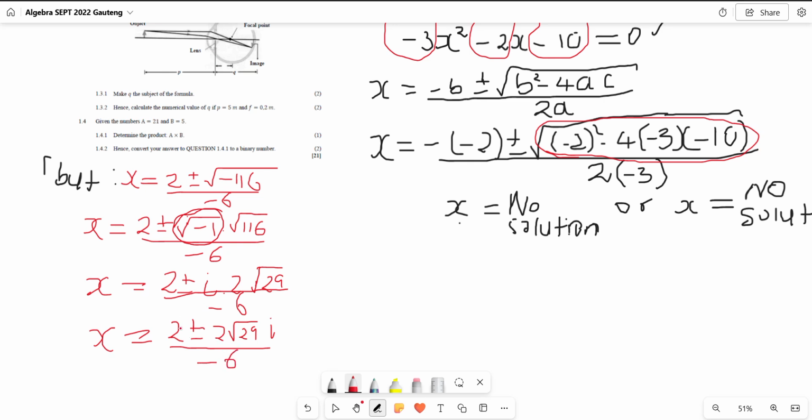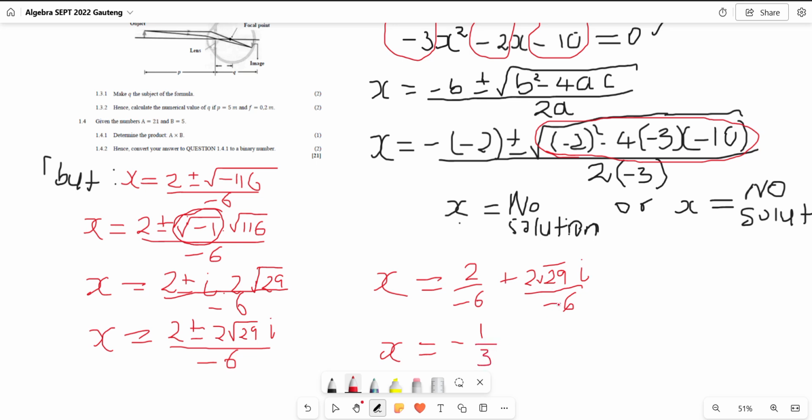Now first we choose a plus here. We divide everything here by negative 6. 2 divided by negative 6 and this part divided by negative 6, but we put a plus first. Then x is equal to 2 divided by negative 6, then plus 2 square root of 29 i divided by negative 6. Then the first solution of x, when you punch this into your calculator, you get negative 1 over 3.